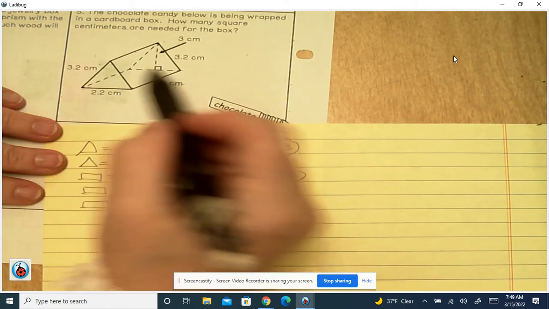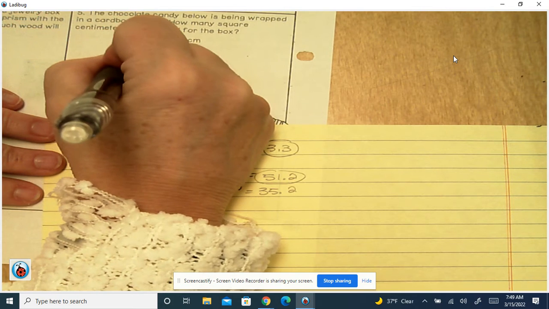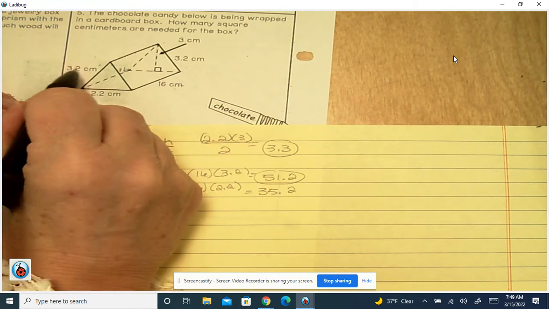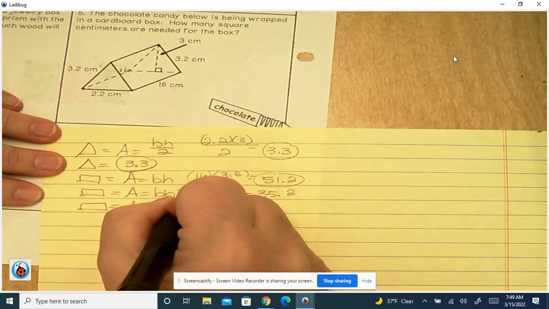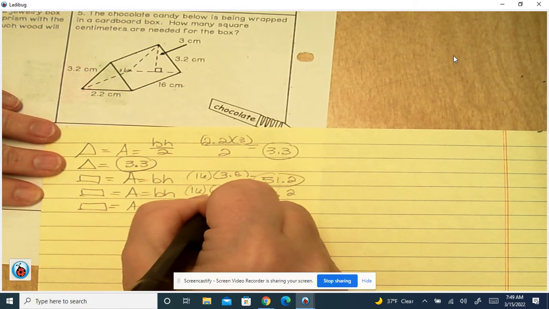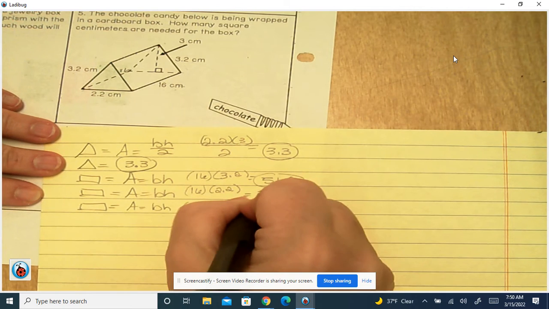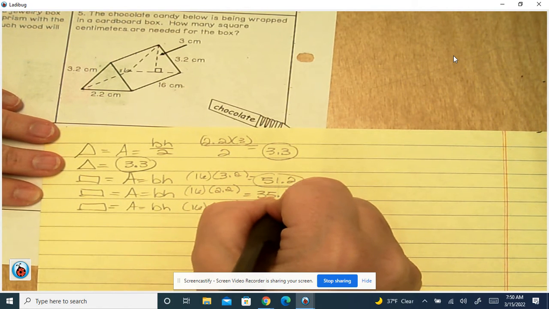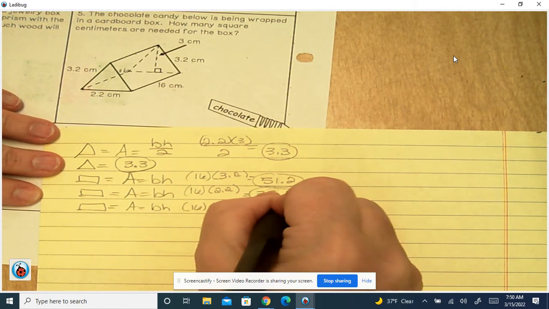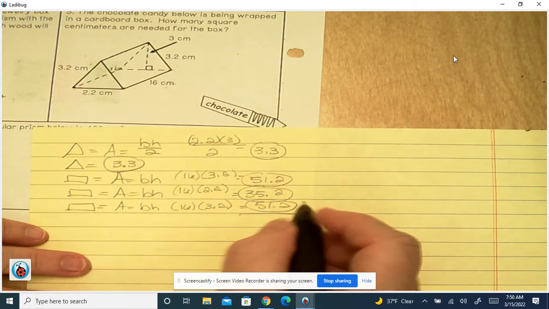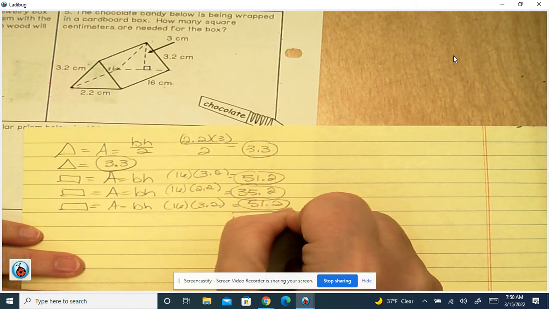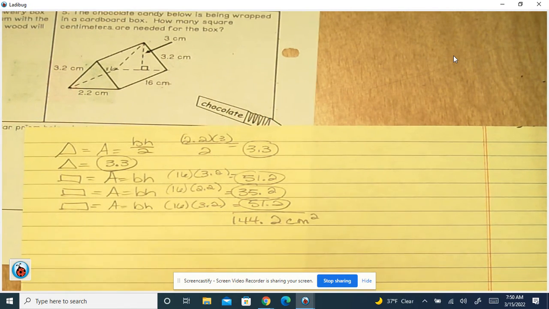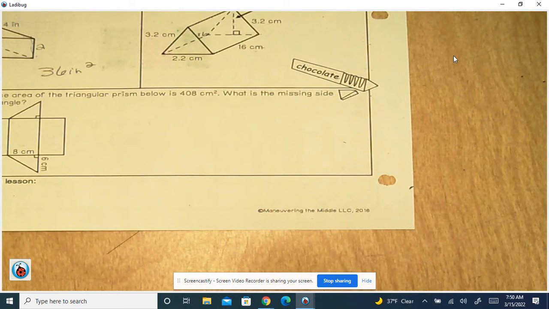And then on the back side here, if this is 16, this is 16, and that'll be 16 times 3.2. So area equals base times height, 16 times 3.2, and that again gives us 51.2. And when you add all of these up, you get a sum of 144.2 centimeters squared.